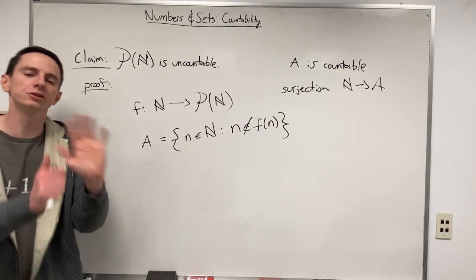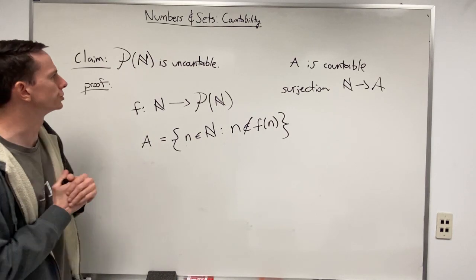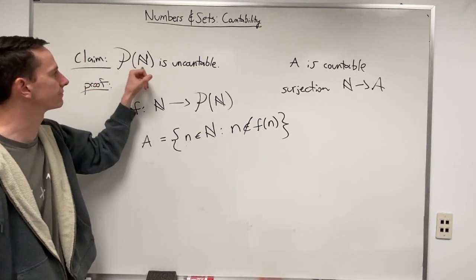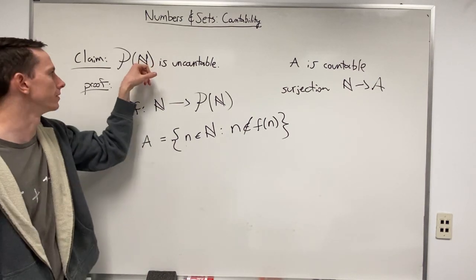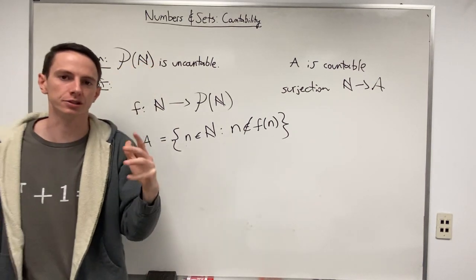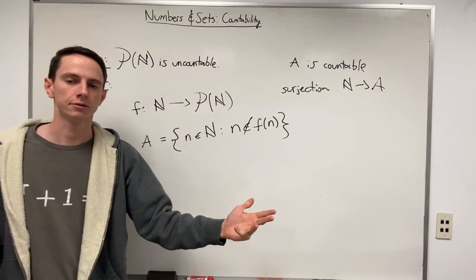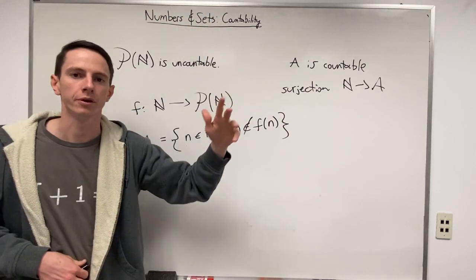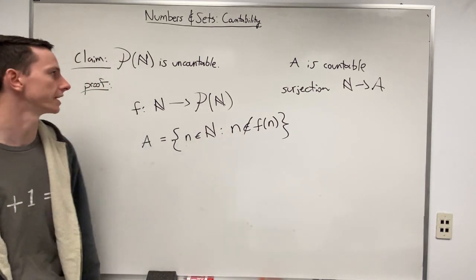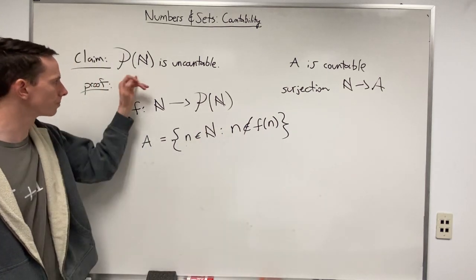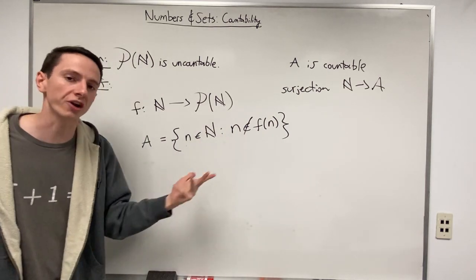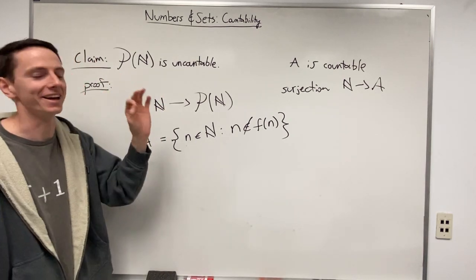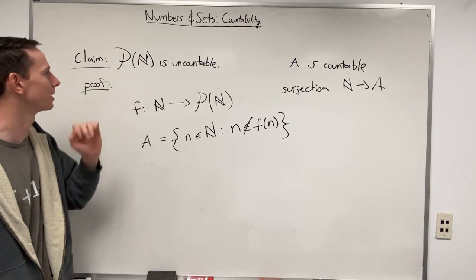And maybe just to quickly mention too, the reason why we're specifying a countably infinite set is because if we have any finite set, the power set of a finite set is just going to be another finite set. It's going to be 2 raised to whatever the size of that finite set is. So that's why we are requiring a countably infinite set.